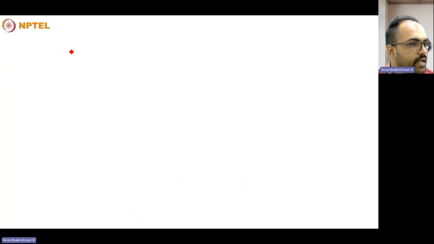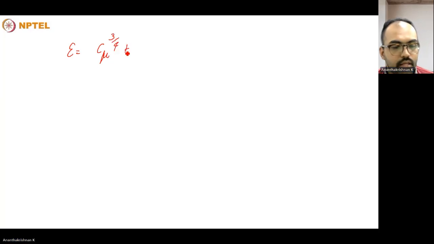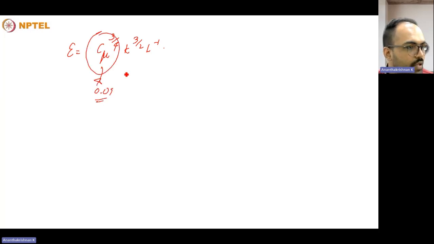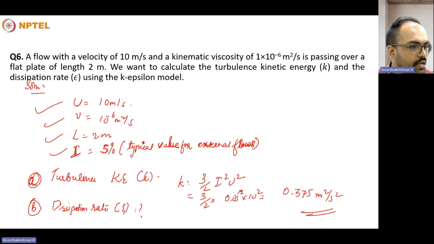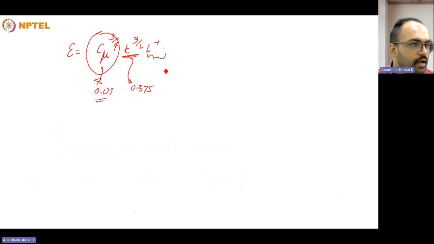So the dissipation rate epsilon is equal to the constant raised to 3 by 4, k raised to 3 by 2, L power minus 1. This constant is normally 0.09 for the k epsilon model problem, and k is given as 0.375. We determined the turbulence kinetic energy, and the length L of the plate is 2. So we use it straight away.